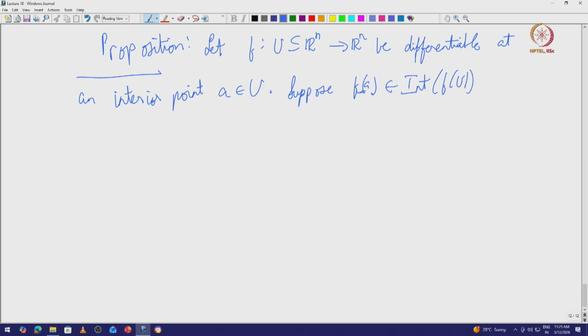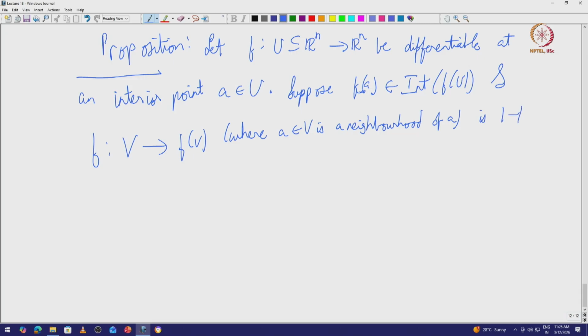Sometimes it's easier to use a shorthand notation. So suppose f of A is an interior point of f of U, and f from V to f of V, I'll just draw a picture in a moment, where V is a neighborhood of A, is 1 to 1, onto, obviously it's onto, right?